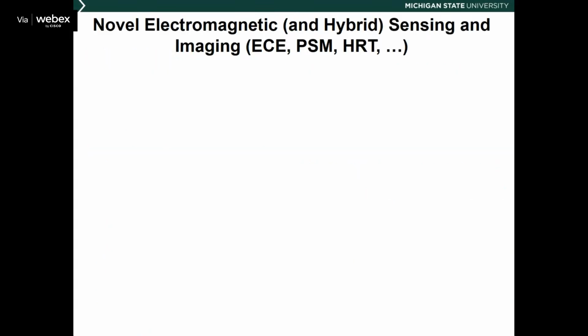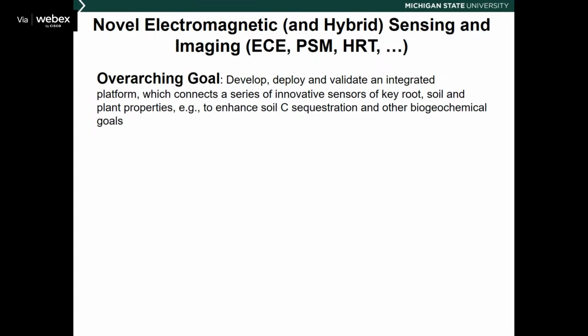So for novel hybrid EM imaging or sensing, the overarching goal is if we can develop, deploy, and then validate an integrated platform which will connect a series of innovative sensors so that we can get the key information for roots, soil, and plant, and get the properties of that, so we can enhance soil carbon sequestration and all other biogeochemical goals.